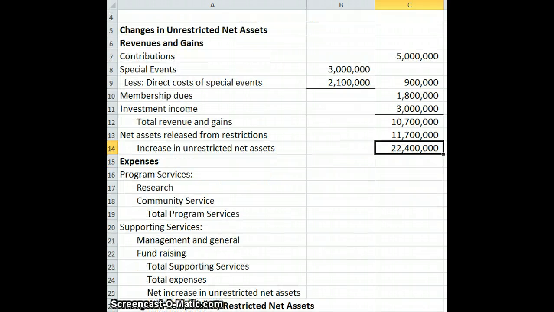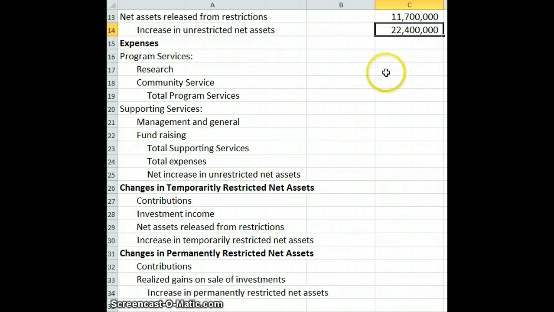Now we're going to go down to our expenses. We have some program services for research. For research, we have $3,500,000 of expenses for research programs for which donor restricted resources are available. We mentioned those earlier, $3,500,000.